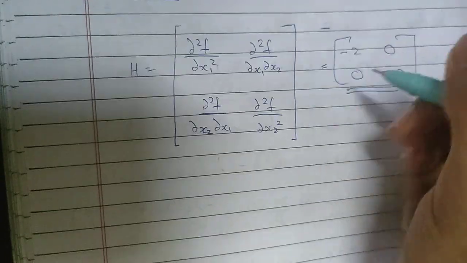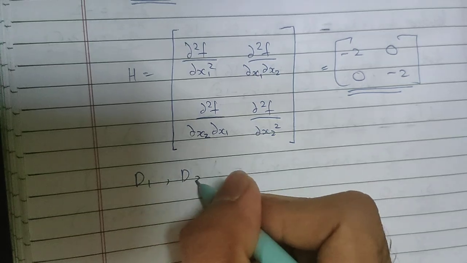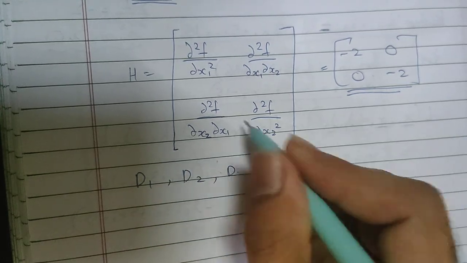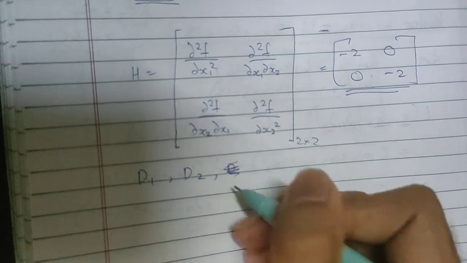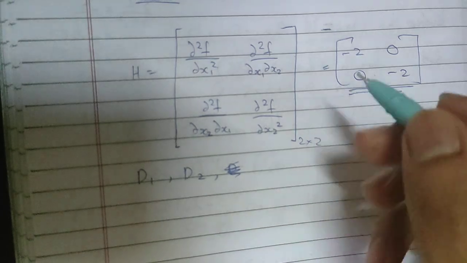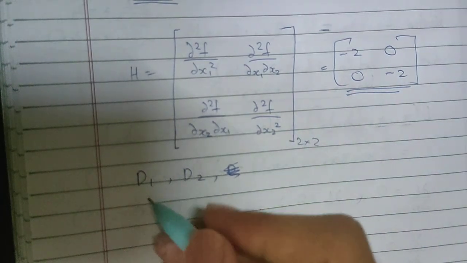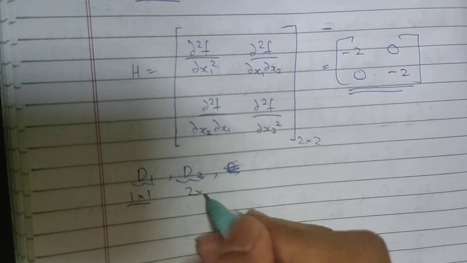Now whenever we have such a matrix, we only need to check our principal minors, d1, d2, d3. Over here, our maximum matrix size is 2 cross 2, no? So we stop after this. Otherwise, we would keep on going. Now, after calculating our principal minors, okay, this is a 1 cross 1, d1, and this is a 2 cross 2, d2.